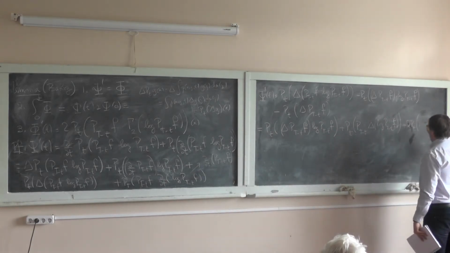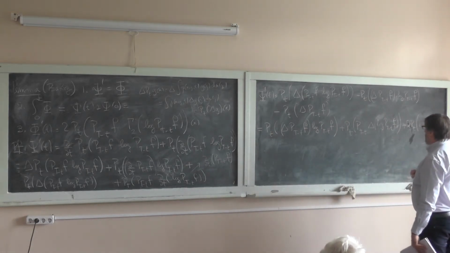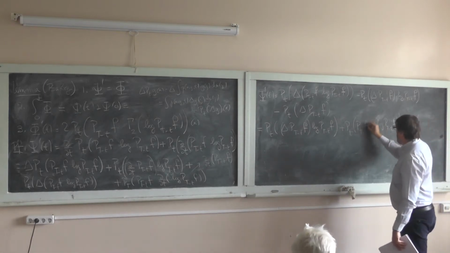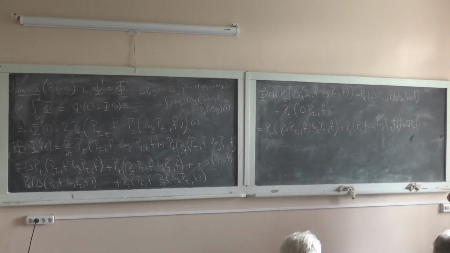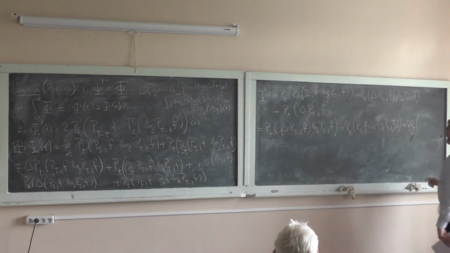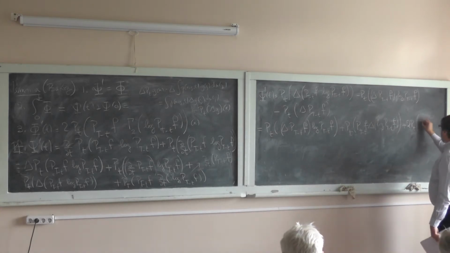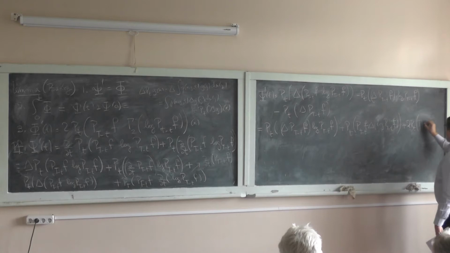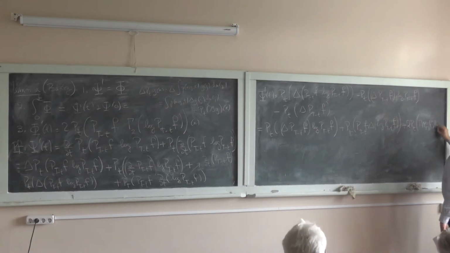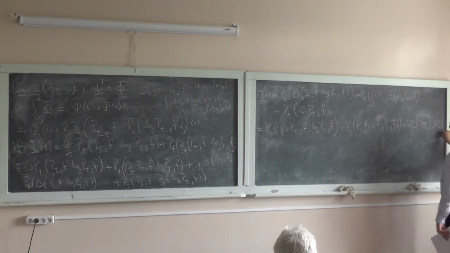Remember that. You missed F. Where? Yes, thank you. So plus I have twice pt, and then I have gamma of pt minus t f, and then log of t minus t f, close here, close here.